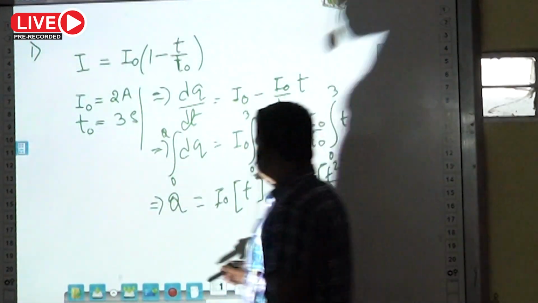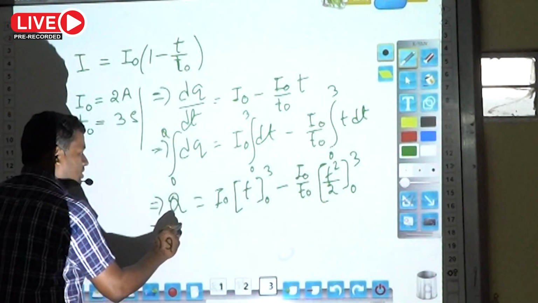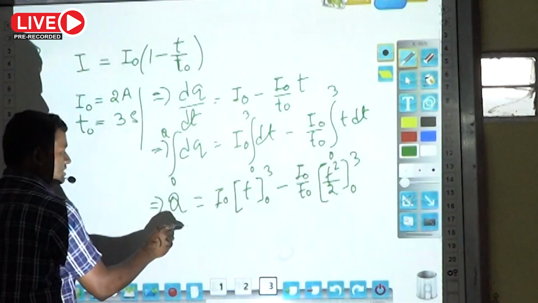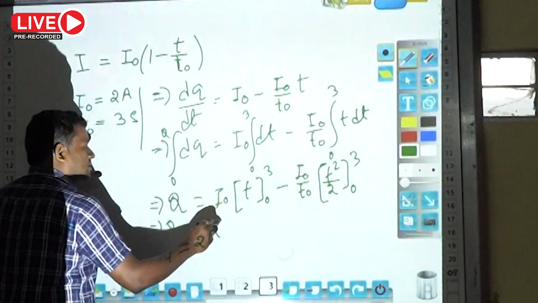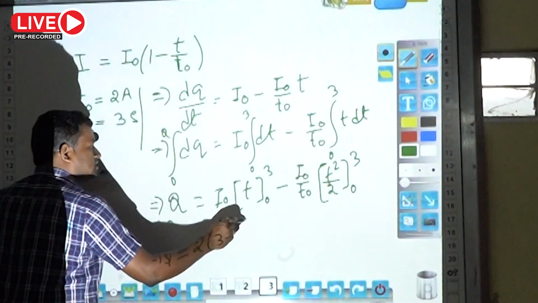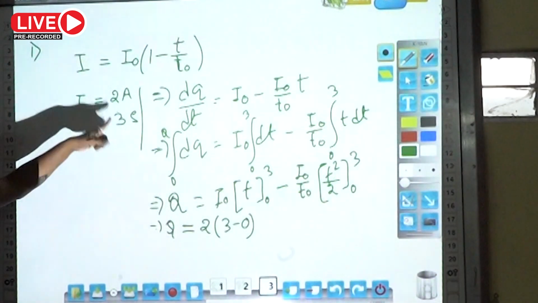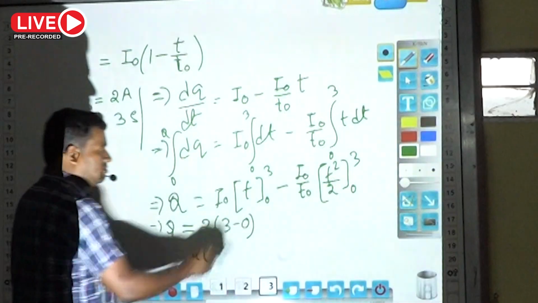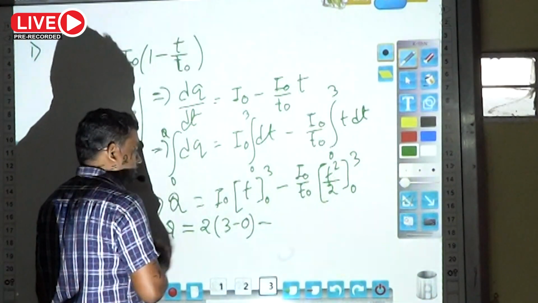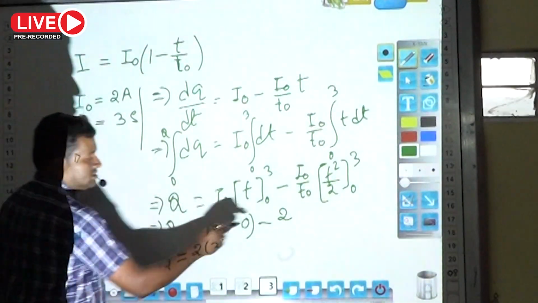Now put the values. So q equal to I naught is given 2, and then in the bracket it will be 3 minus 0, because upper limit 3, lower limit 0, minus I naught is again 2, and T naught is given 3 second.